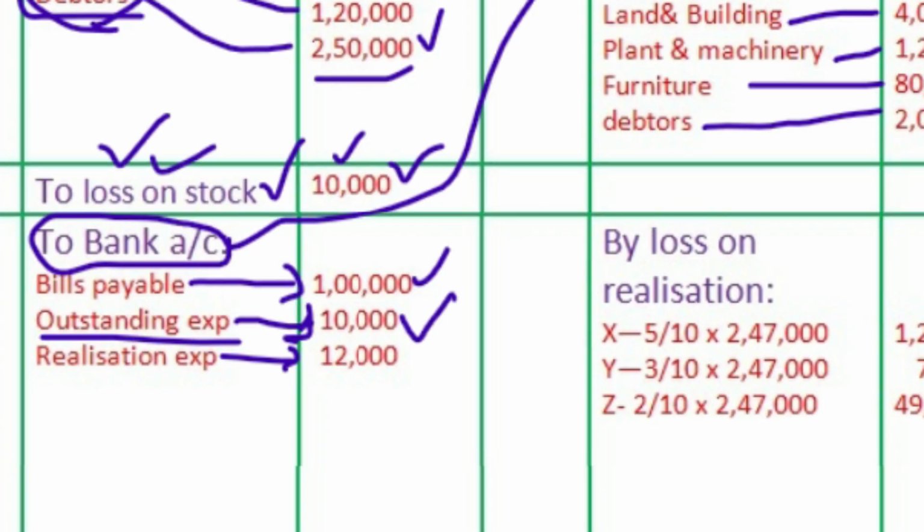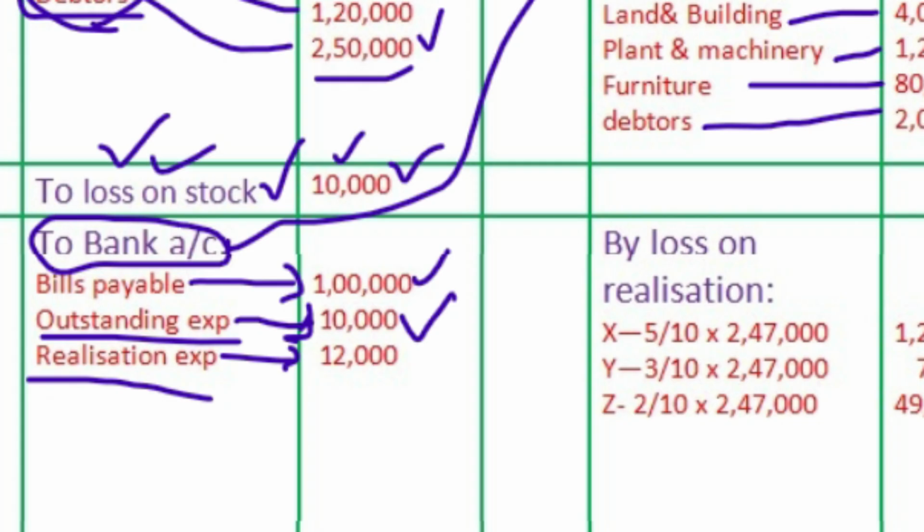So journal entry, realization account debit to bank account, and realization expenses, realization account debit to bank account, being realization expenses paid. Realization account debit to bank account, being outstanding expenses paid, journal entry.